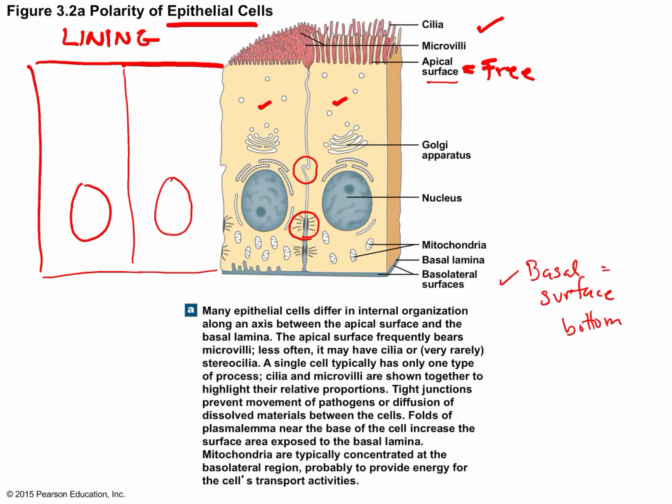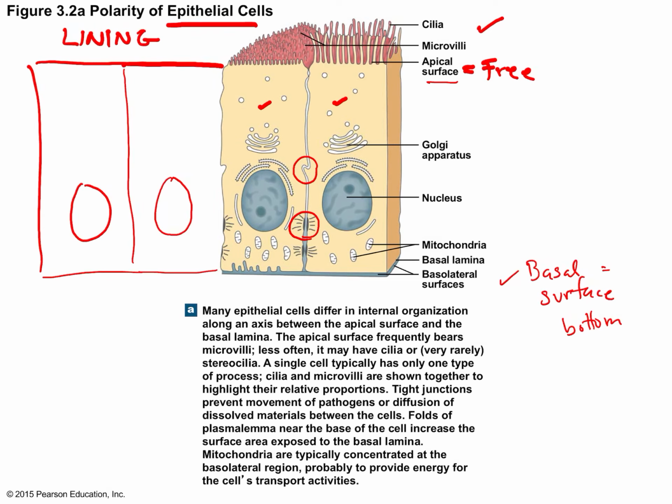So because of that, the apical surface is called the free surface because this is going to be facing that space or the outside of an organ, and then the basal surface will be attached to a connective tissue or attached to the different kinds of tissue underneath the lining. If you look at the basal surface in your outline, it's connected to underlying connective tissues via carbohydrates and proteins called the basement membrane, or known as the basal lamina.